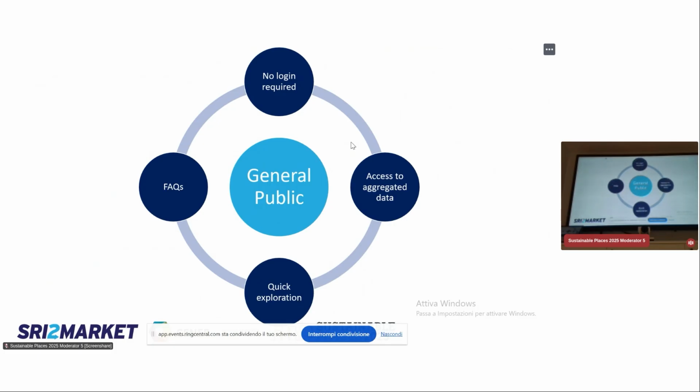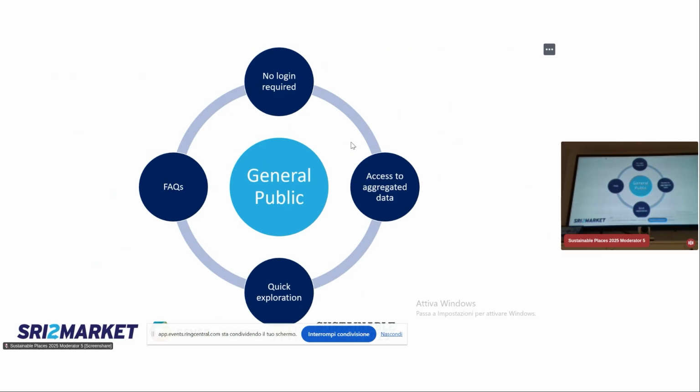Also, we have a public area of the tool. No login credentials are required. So here you can access aggregated data, basic exploration of the aggregated data, and also an advanced benchmarking with more assessment, graphs, and so on.